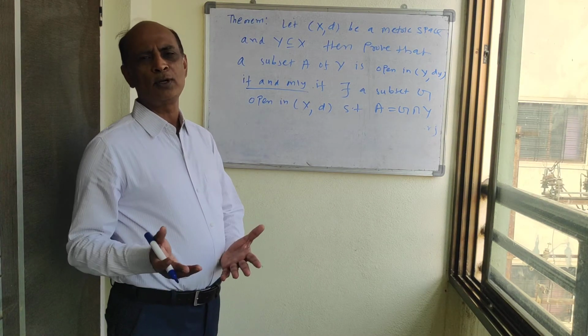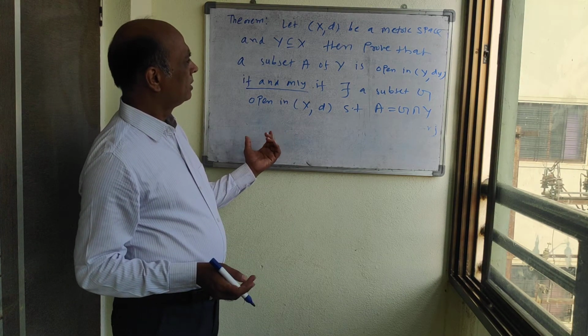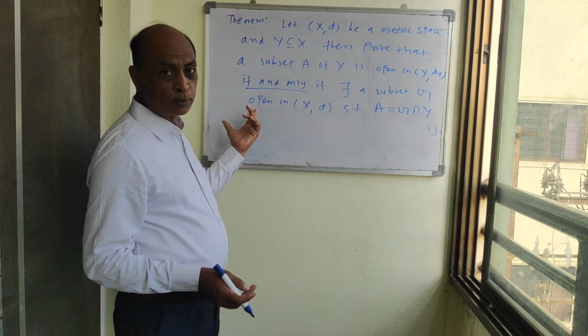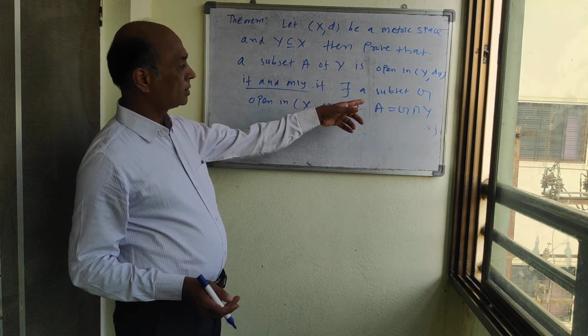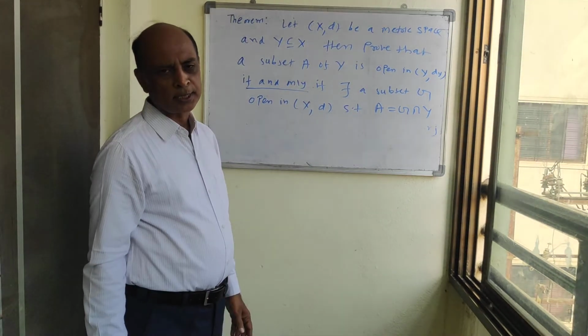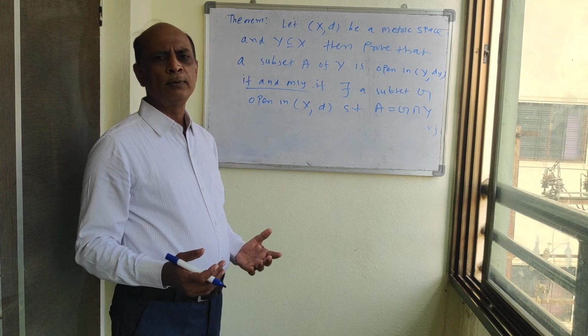So in this theorem, first we suppose that a subset A of Y is open in (Y, d_Y). Then we have to prove that there exists a subset G open in (X, d) such that A is equal to G intersection Y, and vice versa, the converse. This is the meaning of if and only if.